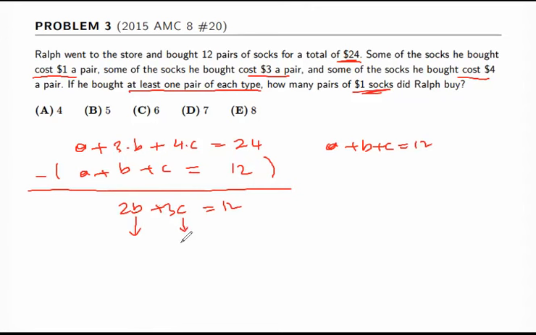But if I choose 2, that's 6, to get 12. So B is 3 and C is 2. The sum of these two is 5, so A plus 5 is 12, so A is 7. And that is the number of pairs of socks that cost $1.